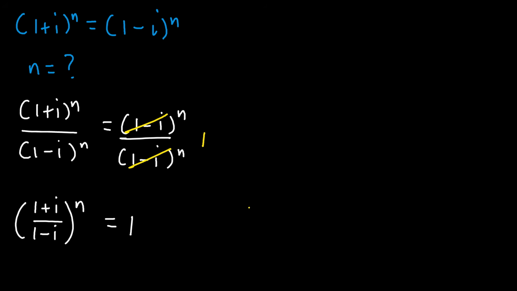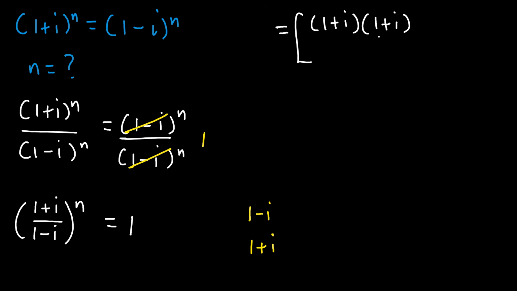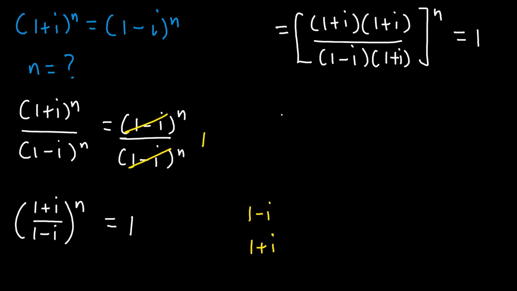The denominator is 1 minus i, and the conjugate of this will be 1 plus i. So we shall multiply both the numerator and the denominator by 1 plus i. So this will be equal to ((1+i)(1+i))/((1-i)(1+i)) raised to the power of n equaling 1.